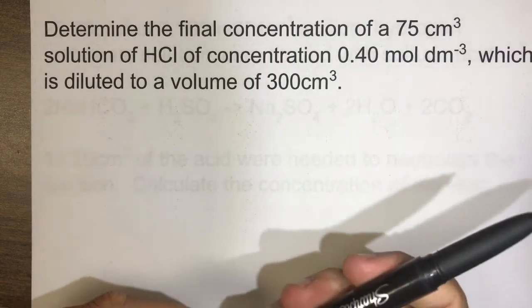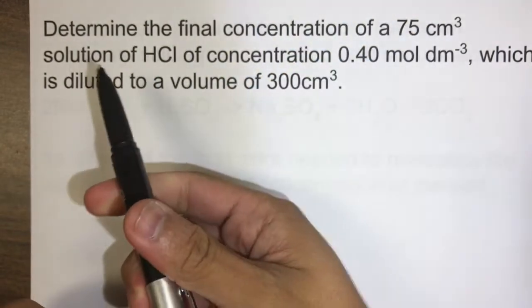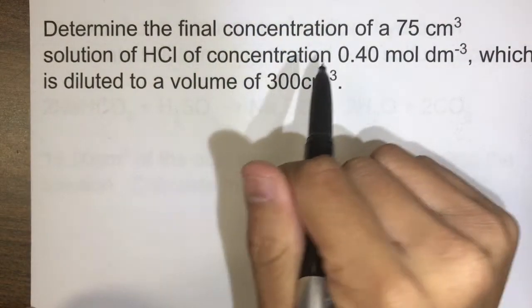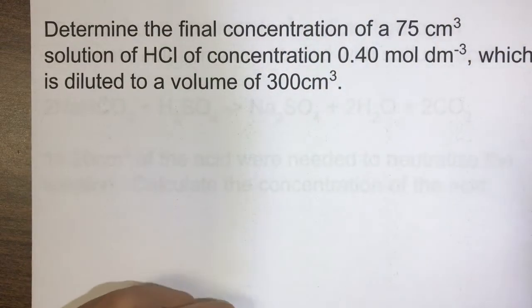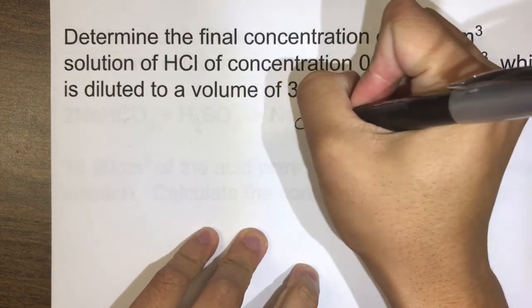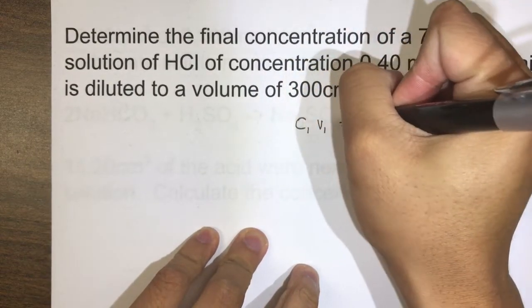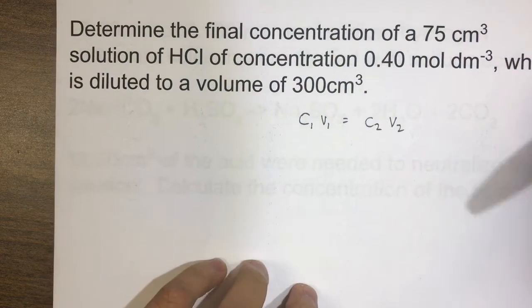All right, next problem. Determine the final concentration of a 75 centimeter cubed solution of hydrochloric acid of concentration 0.4 moles per decimeter cubed, which is diluted to a volume of 300 centimeters cubed. Okay, so this is a concentration 1, volume 1 equals concentration 2, volume 2 problem.